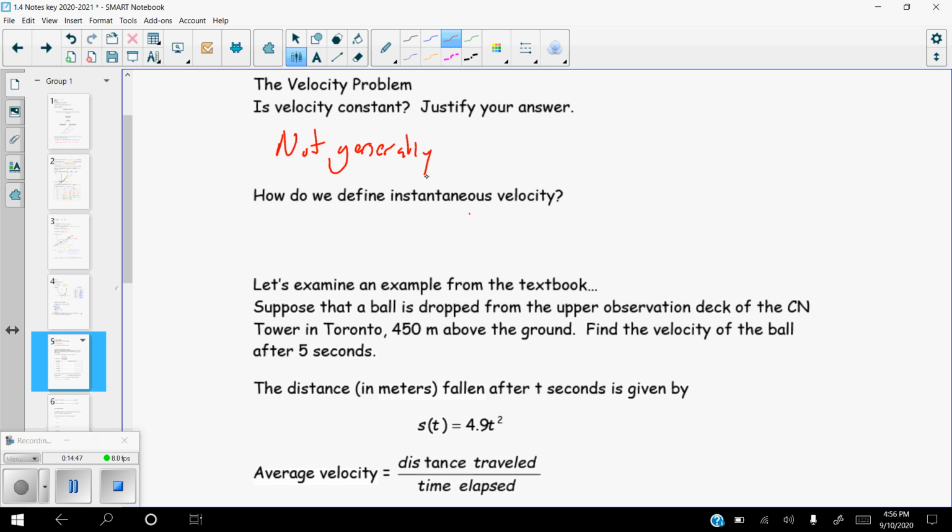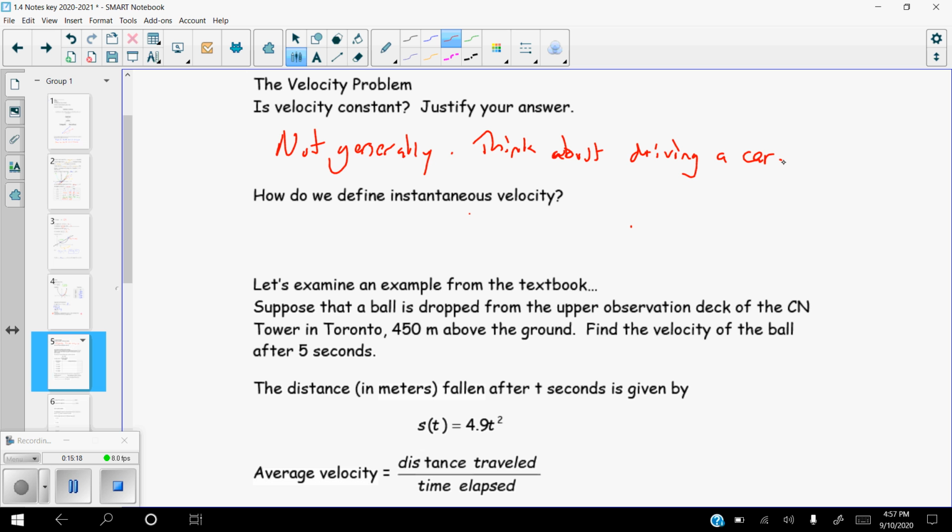I mean, think about driving a car. And for those of you guys who are too young, think about riding in the car. If you're riding in a car and you're driving along the road, it's very, very extremely seldom that you can maintain a constant velocity the entire time that you're driving.